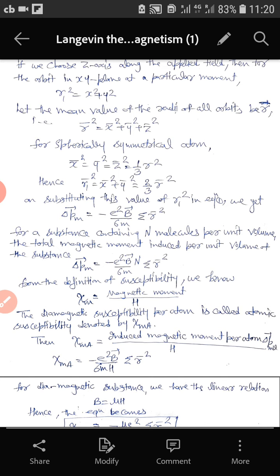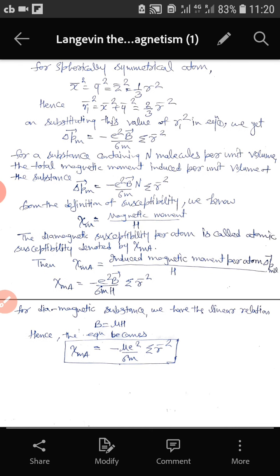It will be the induced magnetic moment per atom, delta Pm, by H. So chi ma will become minus e square B over 6m H summation r square.